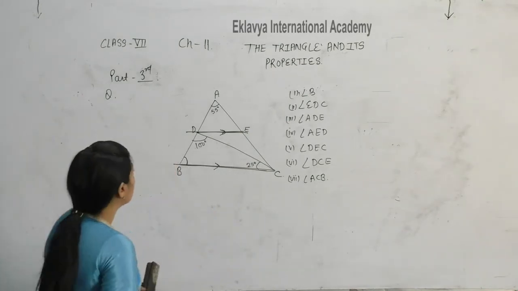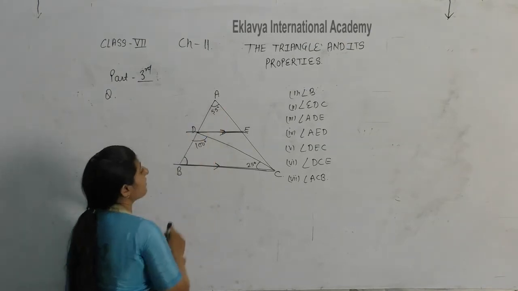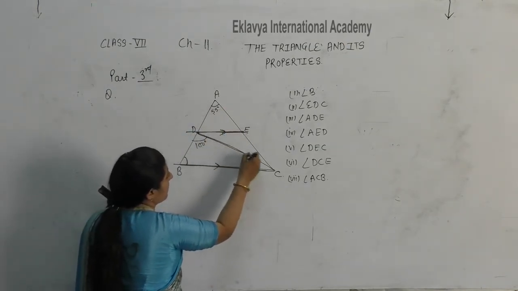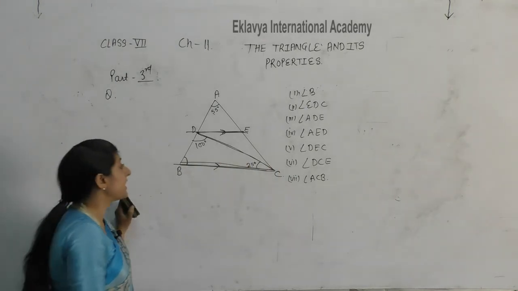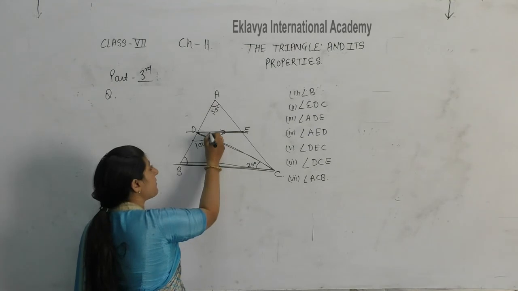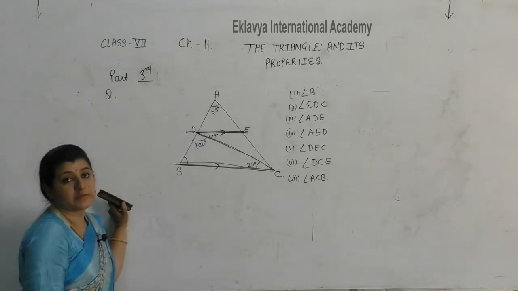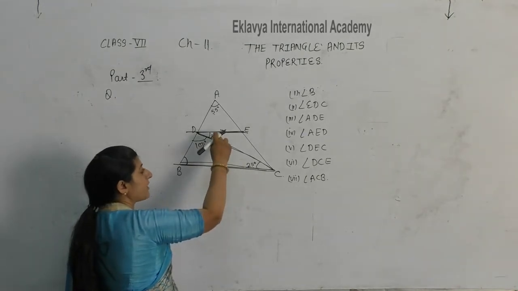Now, this one 55 degree. If you see properly, then this one becomes an alternate interior angle. This 25 and this also 25 degree.